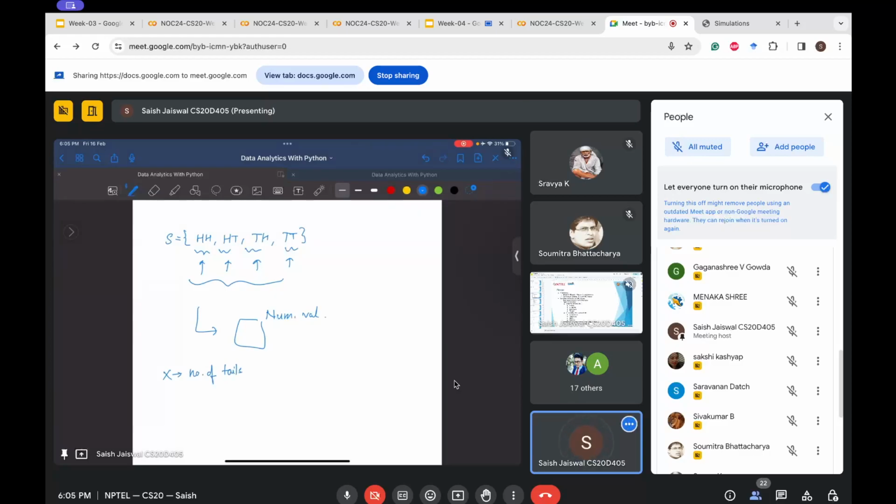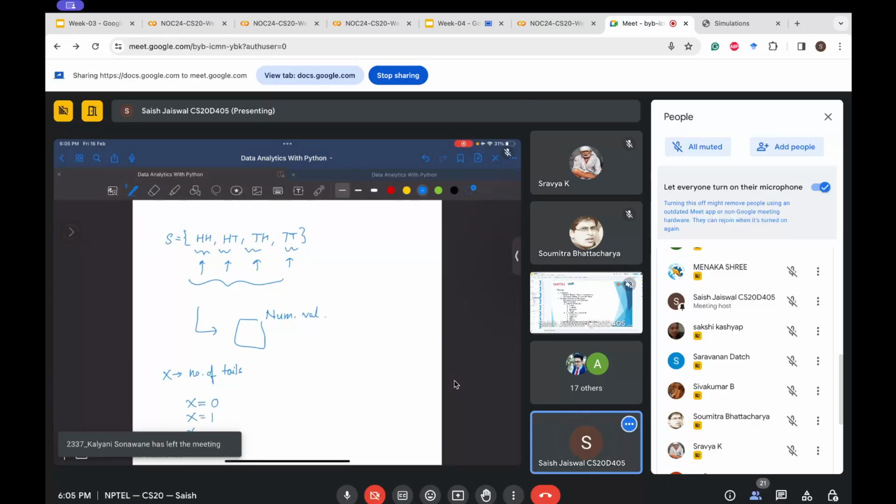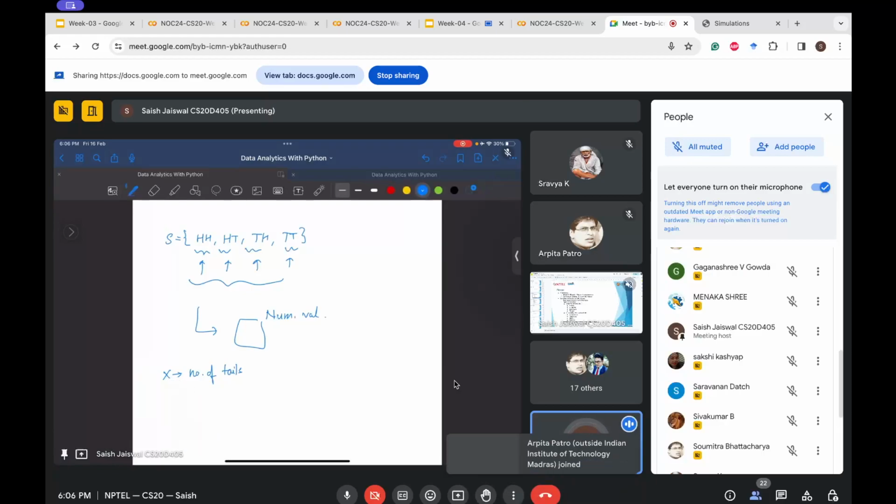So what all values can x take? It can be 0, 1 or 2. Forget about the probability first.